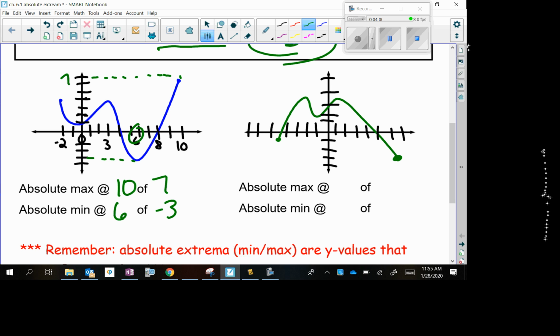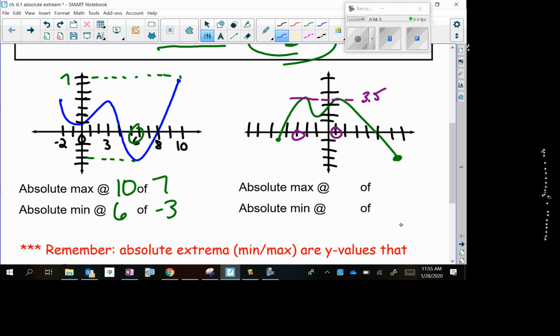On this next one, I knew there was one that hit 2. What is the absolute max over here? Yeah, it's occurring at, let's say, 3.5. Does that make sense? So if this is 3.5, it's occurring at 1 and -3.